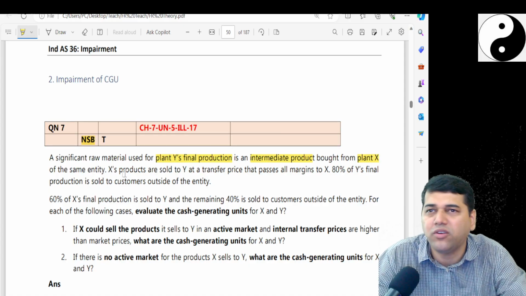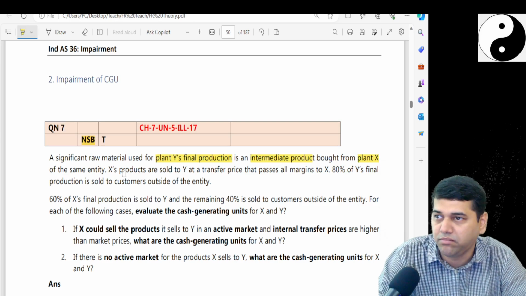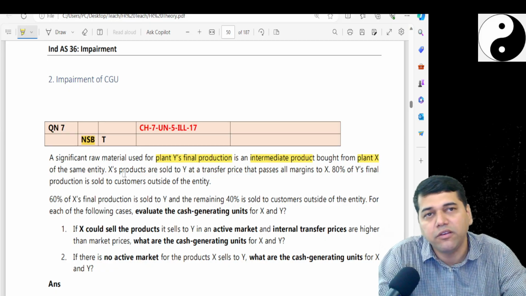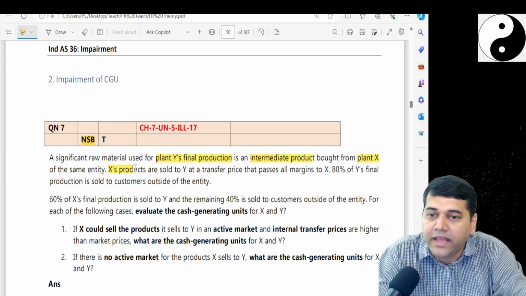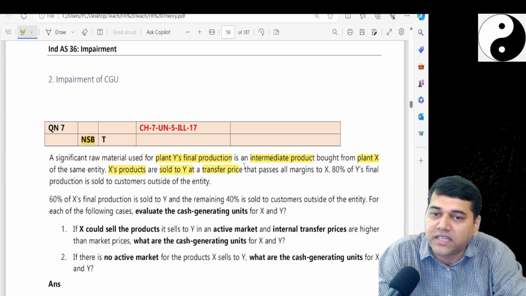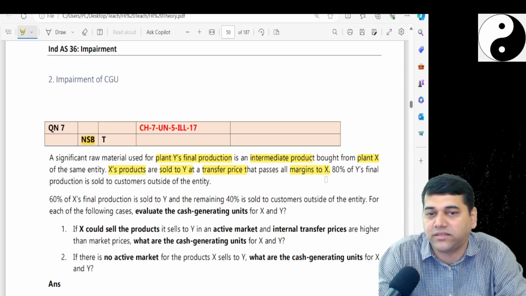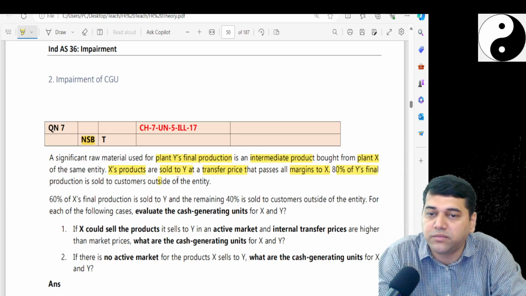That means you have got some profit centers. X produces some material, and that will be used for Y's final product. X products are sold to Y at a transfer price that passes all margin to X. 80% of Y's final product is sold to customers outside the entity.